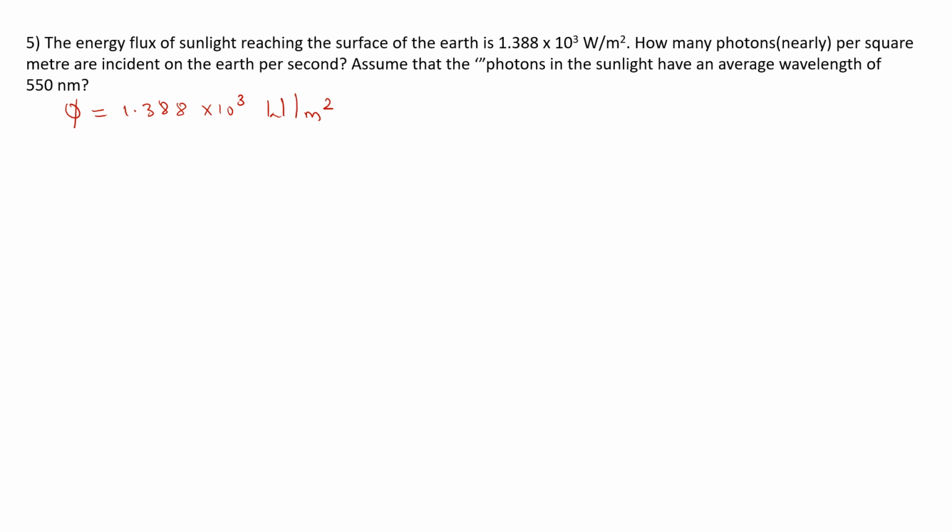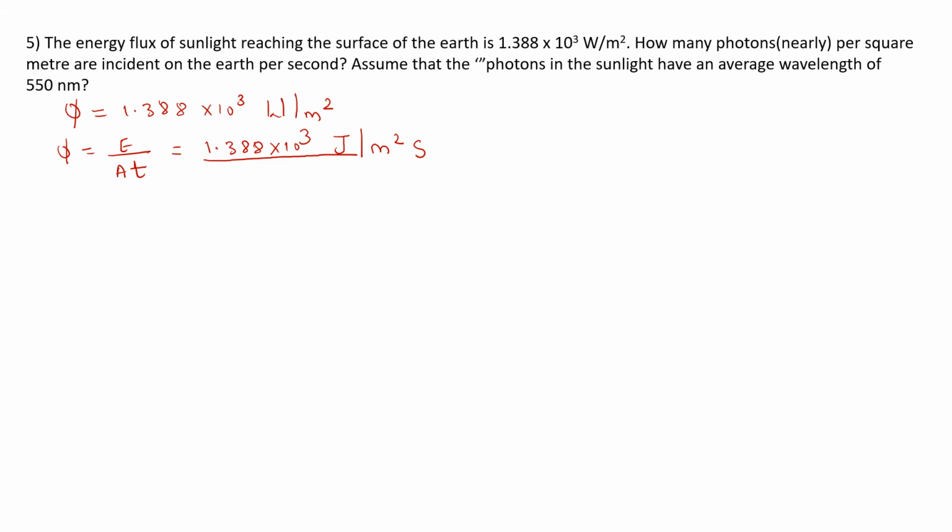So what is this energy flux? Energy flux is nothing but the energy per unit area per unit time. So I can write this also as 1.388 into 10 to the power 3 joule per meter square per second. Actually this is nothing but joule per second, which is what we call watt.